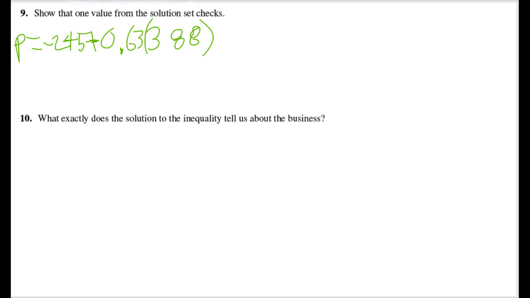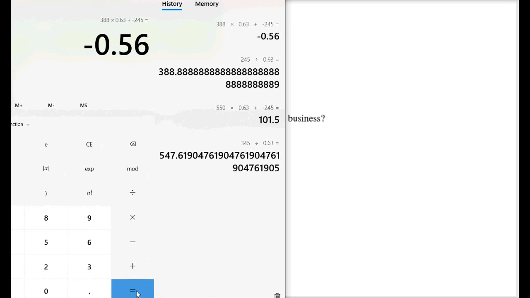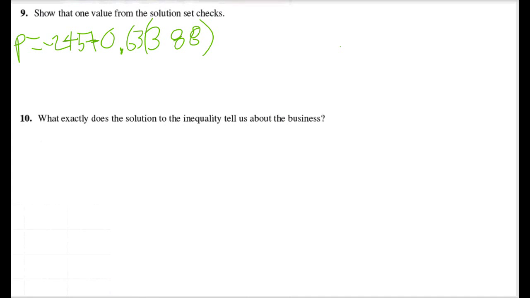And I will calculate P. If I go to my calculator, 388 times 0.63 plus 245 negative, and I say equals negative 0.56. So P equals negative $0.56, which demonstrates that P is less than 0.